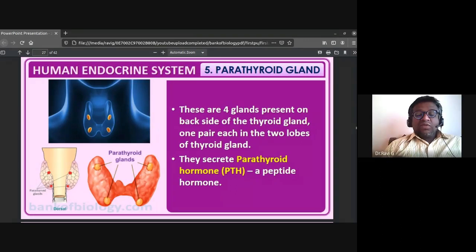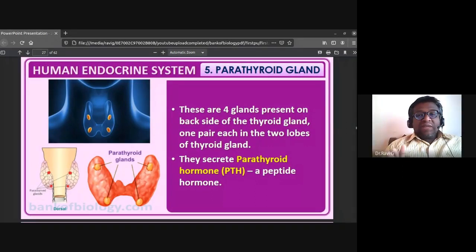The urine sample is also taken to analyze the amount of glucose present in the urine. So you should understand the difference between diabetes insipidus and diabetes mellitus.